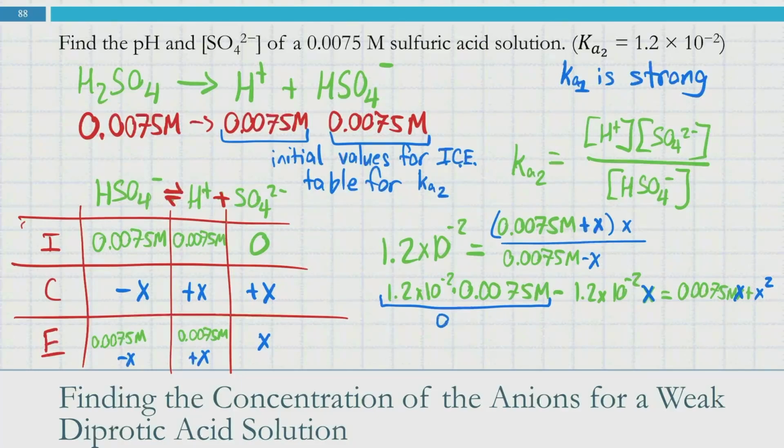This is that, 9 times 10 to the minus 5. And we're going to have x squared plus 1.2 times 10 to the minus 2 plus 0.0075.